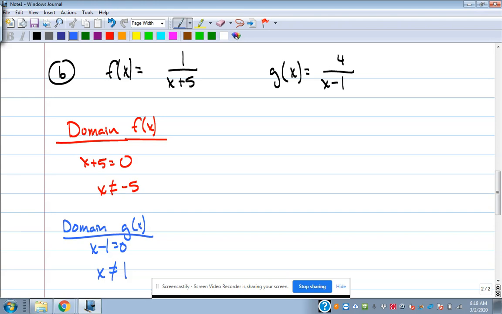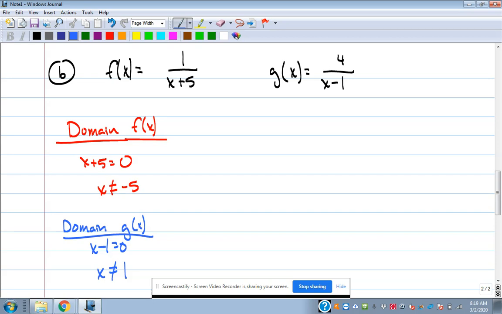Now, here's where the restrictions start making things a little tougher as far as the composite function's domain. If there are no restrictions on either of those pieces, then there can't be any restrictions on the composite function. If there are restrictions on the individual functions, then there's got to be some sort of restriction on the composite function.